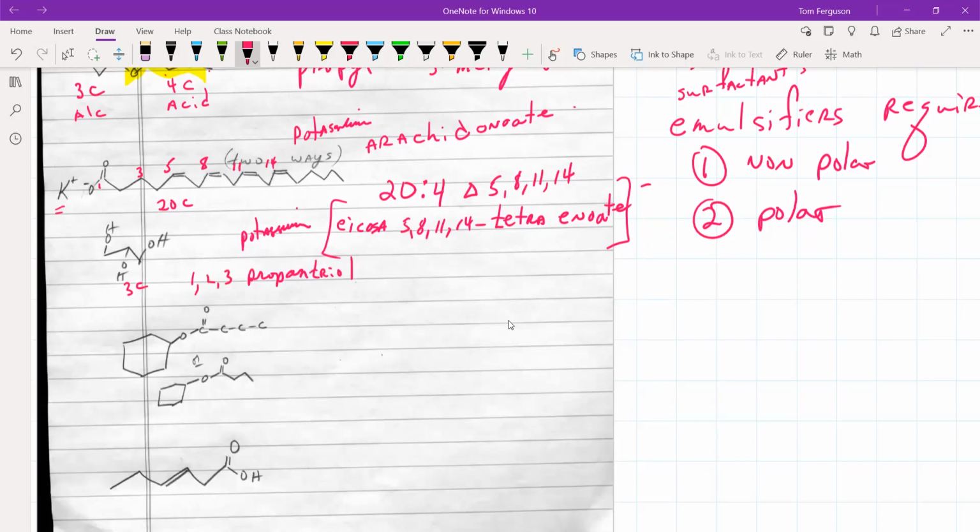So it's a triol or glycol. Or glycerin. All three. So this would be the IUPAC, and these would be the common names.